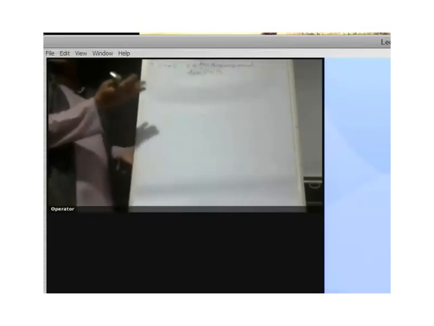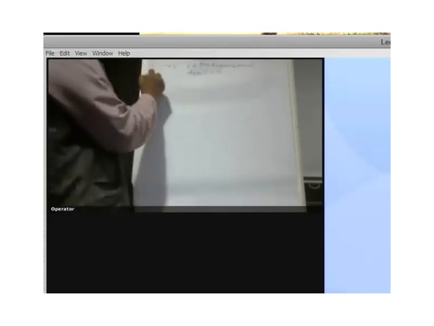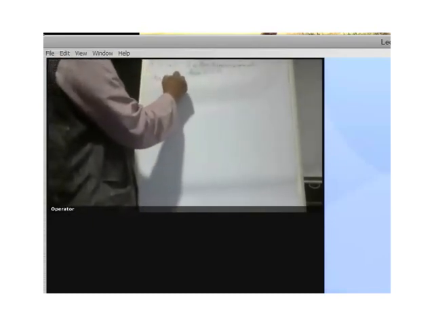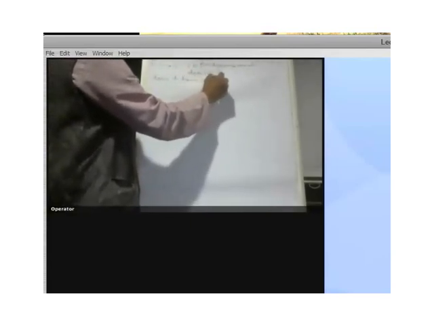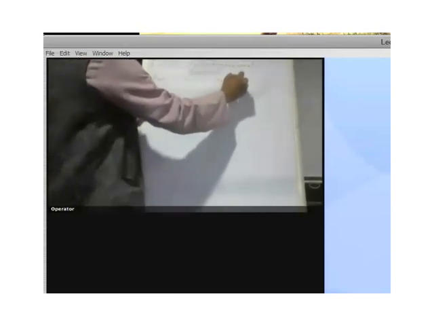Now the question is, nothing else is given. Just that it is a linear transformation on a finite dimensional vector space. The question is, does it have an eigenvalue? And the surprising answer is yes.